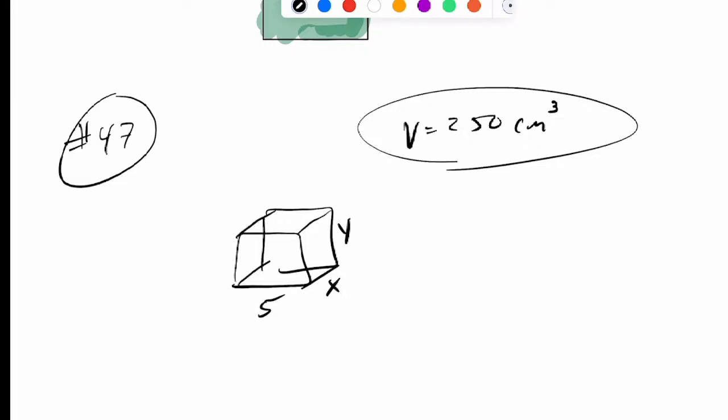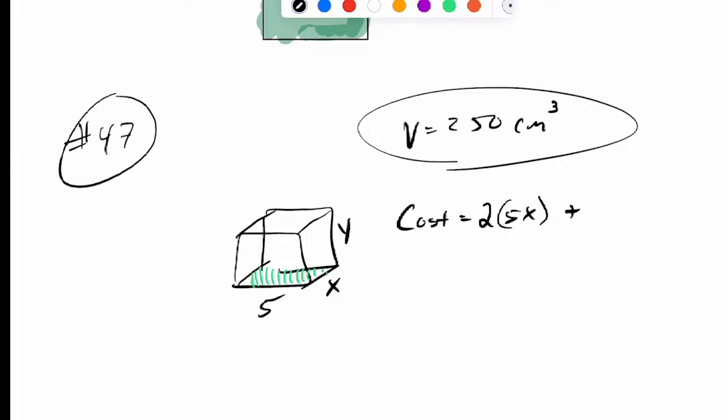I want to minimize cost. So the cost of this box, this is an open top box, so the cost of the box is the bottom. The area of the bottom is 5x, but the bottom costs $2 per square centimeter, so I'm going to put a 2 in front to represent that.